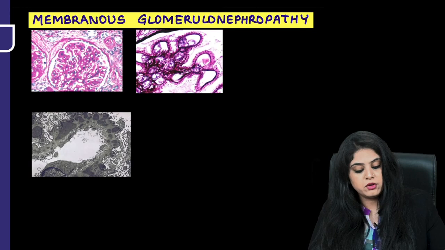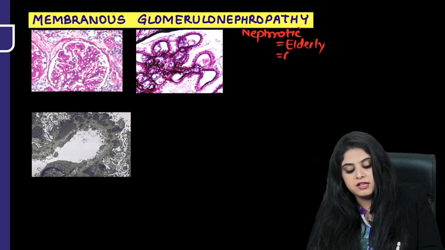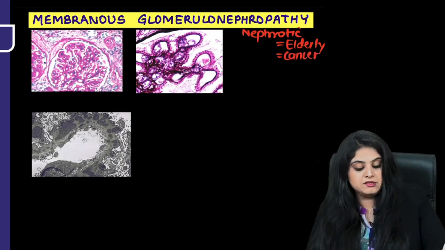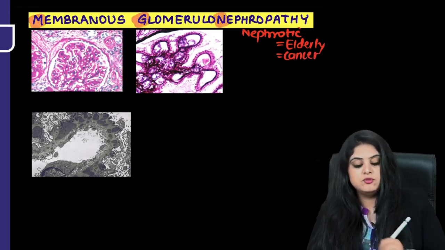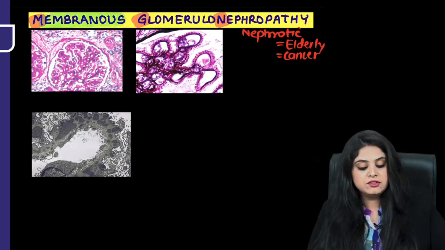Now, nephrotic in elderly. Let's move on to the nephrotic in elderly. Please note that if they ask you two questions, either they've asked you nephrotic in a very old person, or they've asked you something to do with cancers. Answer is membranous glomerulonephropathy, MGN. So how I have learnt it is, dekho, membranous word aaya, so the basement membrane is gonna become very thick.